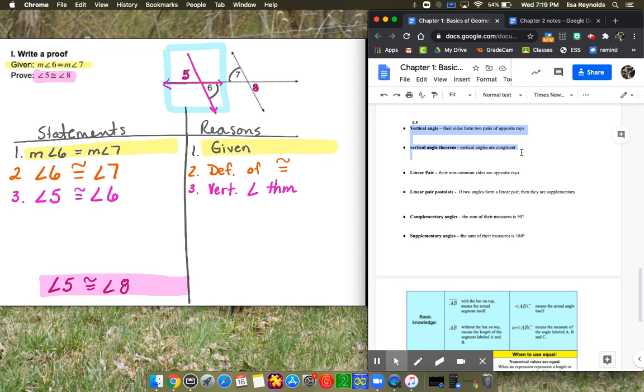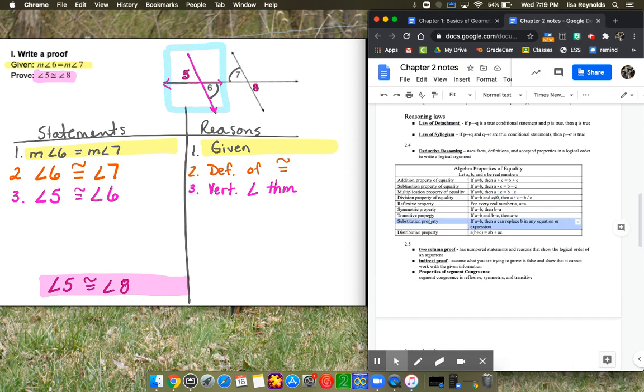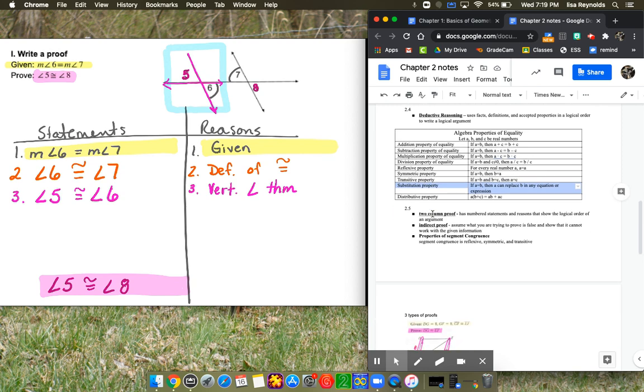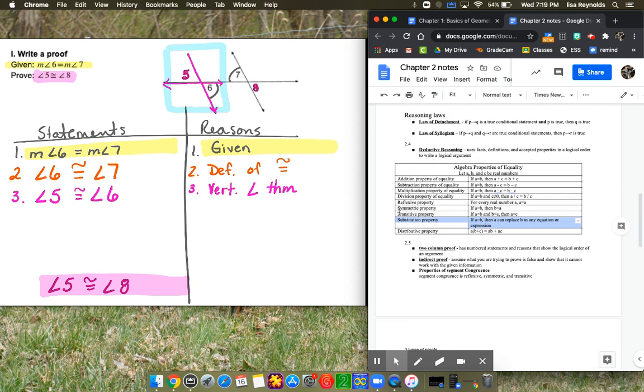All right. I'm a little closer because now I have 5 at least in my proof, and I have 2 congruent statements that work with that. And we just talked about how our transitive, reflexive, and symmetric properties work with congruence and angles. And we have 2 congruent statements that happen to have a common value in them. So these 2 congruent statements both talk about the measure of angle 6.